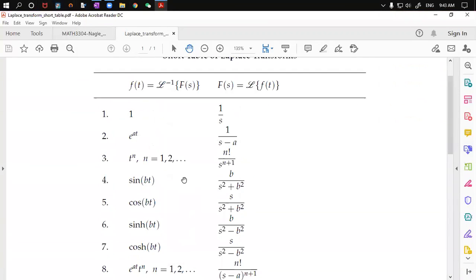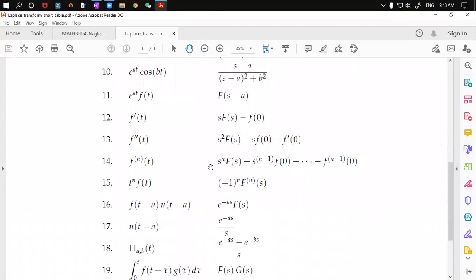Now, if you look at this table of Laplace transforms, the shift table is really given. Line 11 is actually the backward shift. That means you shift capital F into capital F of s minus a, and it results in an exponential shift on the pre-image by e power at. Then line 16 is actually the forward shift.